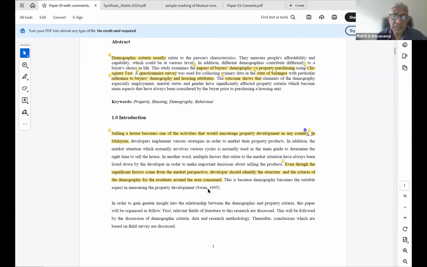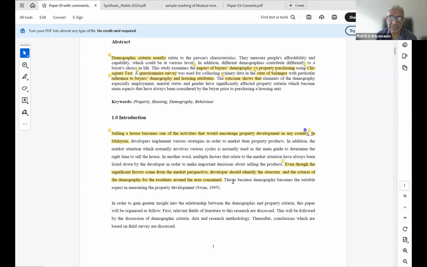It is from Swam, the author, a researcher who published something in 1995. So they have quoted the author's surname and year of publication as a citation, acknowledging within the text. These authors have acknowledged this statement.